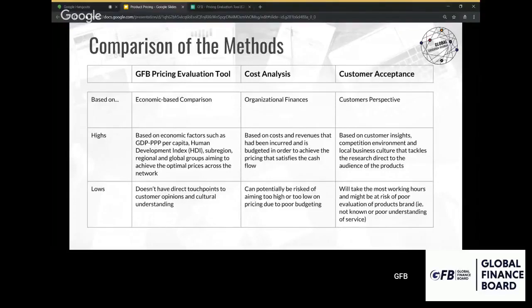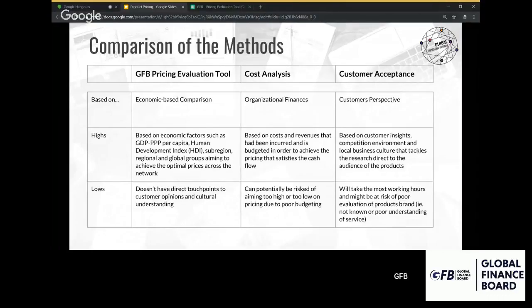And then customer acceptance. The highest of this one is that it is based on customer insights. This is based on competitive and local business culture that tackles the research directly to the audience of the product. So this is mainly on the opinions of the people.